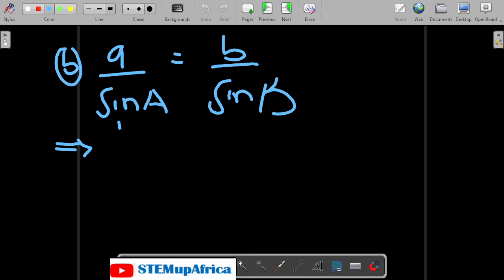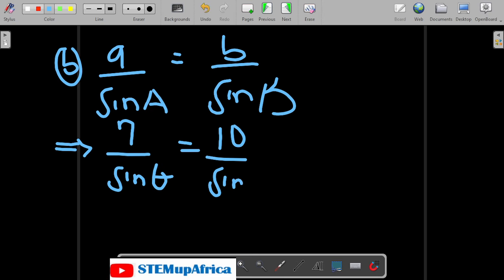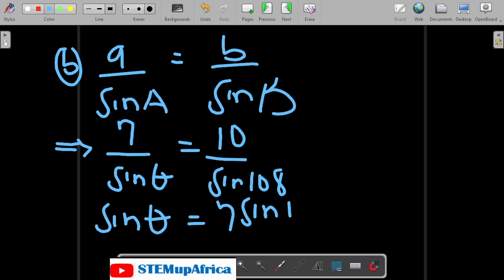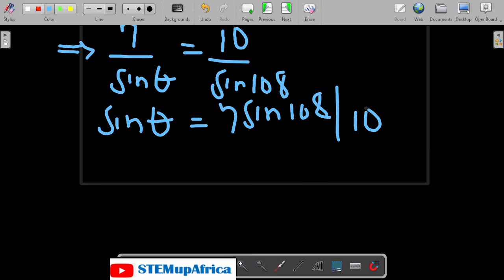I'm having 7 over sine theta is equal to 10 over sine 108. So sine theta will give me 7 sine 108 over 10. So what is 7 sine 108 divided by 10?